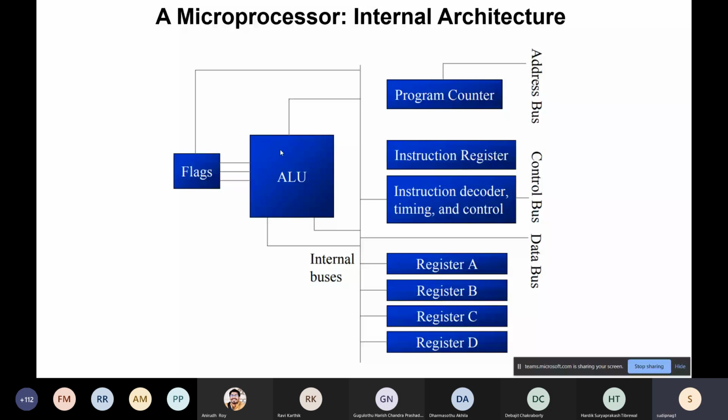You have stored something in the flag due to your previous instruction. Now the second instruction is checking the flag and taking another purpose or another work through the ALU. It may be logical work or it may be arithmetic work.